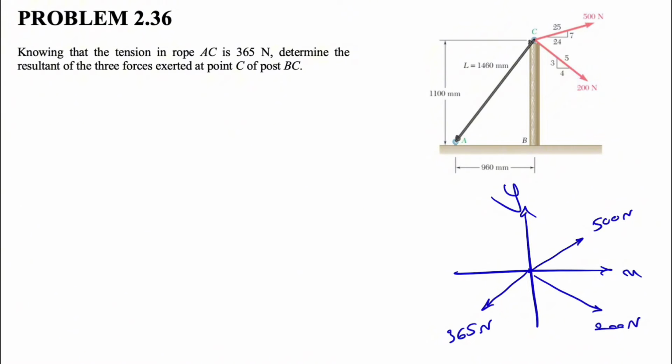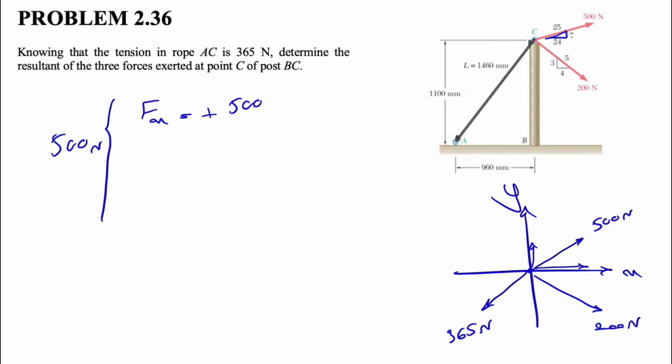So we'll start with the first one, the 500 Newton force. Fx of the 500 Newton force is positive, because this is our x and this is our y, so it will be a positive force, 500.